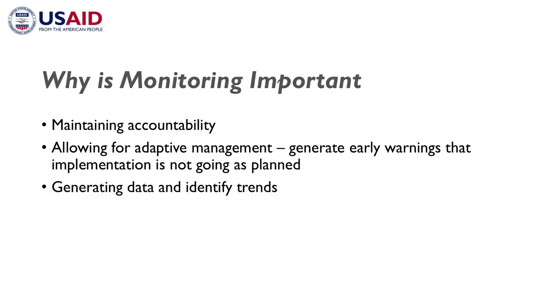What are the particular drivers of tenure insecurity in the program area that this project is going to address? And what else besides our project might be influencing tenure security? So again, monitoring is really important for maintaining accountability of program implementation, allowing for adaptive management, and generating data and trends on the way that our projects are being implemented.